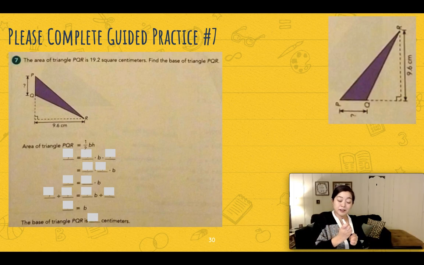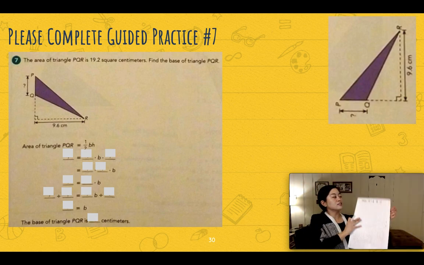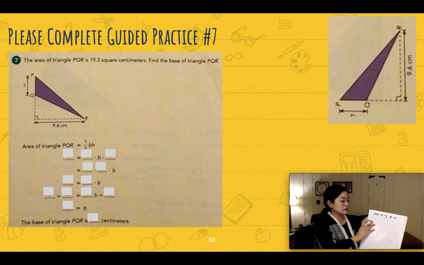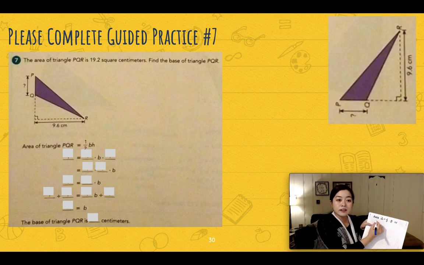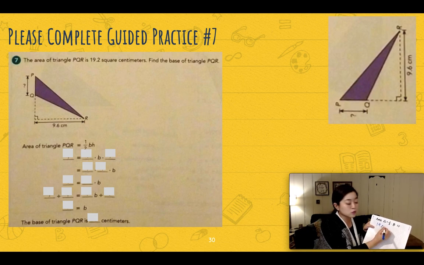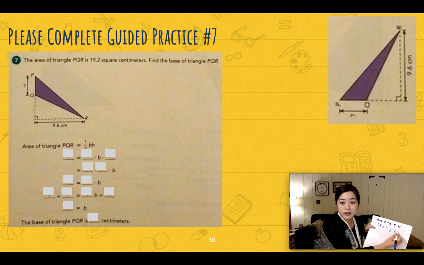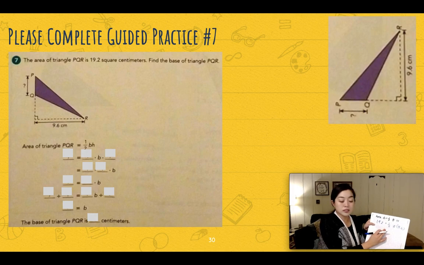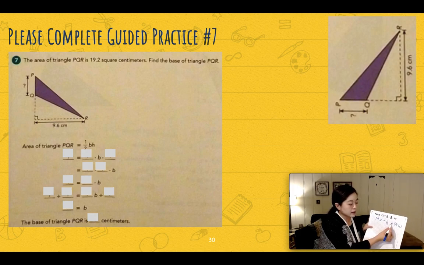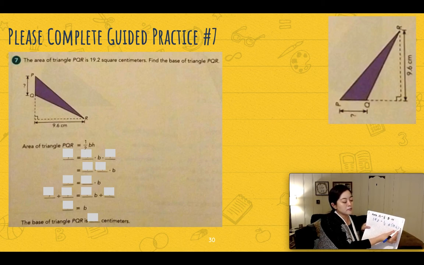So let's input our given information, okay, to figure out what the base is, okay? So the area is 19.2 square centimeters. And again, I don't know the base, but they gave me the height as 9.6 centimeters here, okay? And then again, I want my unknown variable at the end.